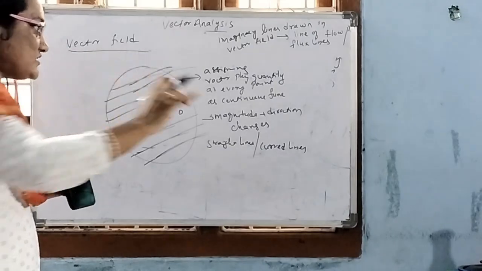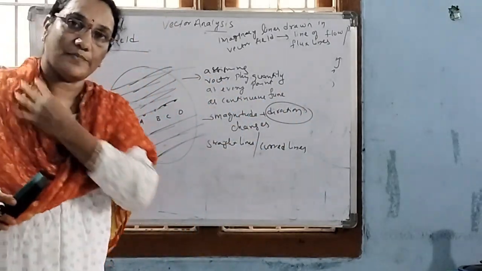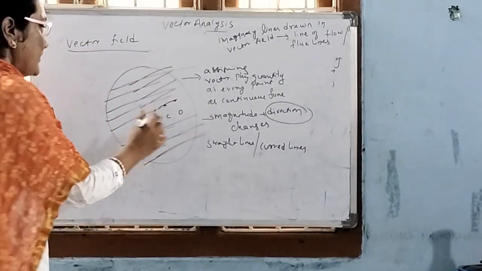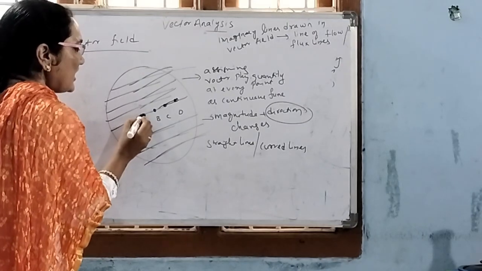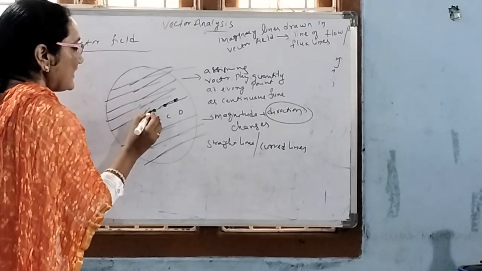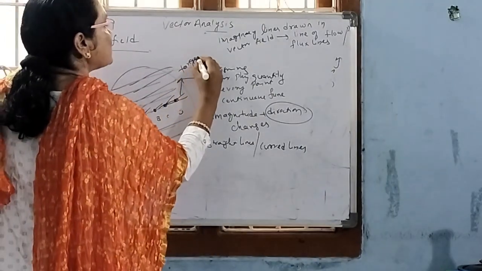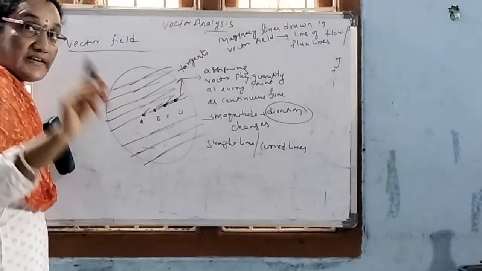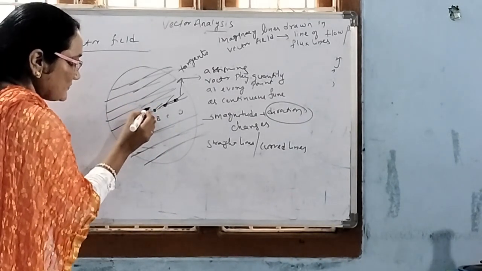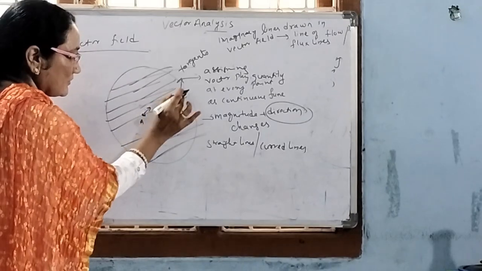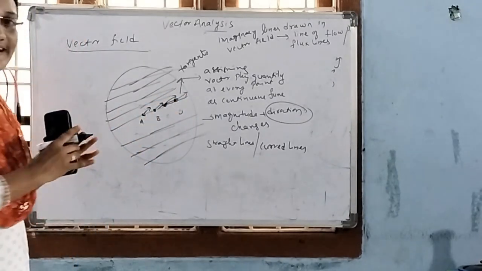Now first, let us talk about the direction of flux lines. At each and every point I mentioned, I will draw a tangent in such a way. At each and every point, let us draw the tangents. Now keep an arrowhead.